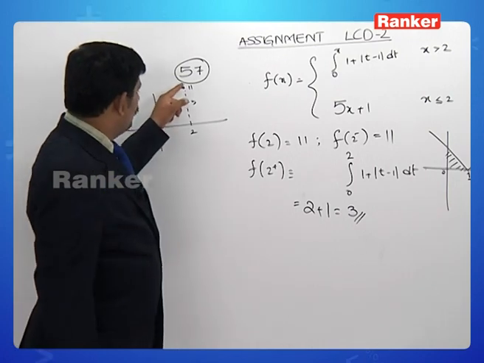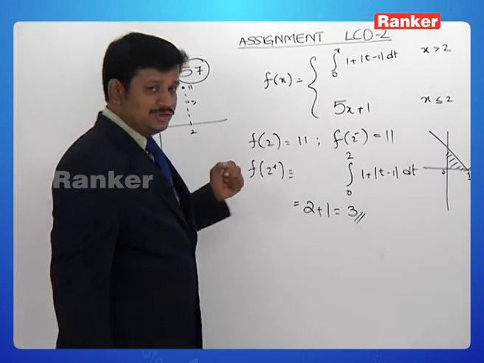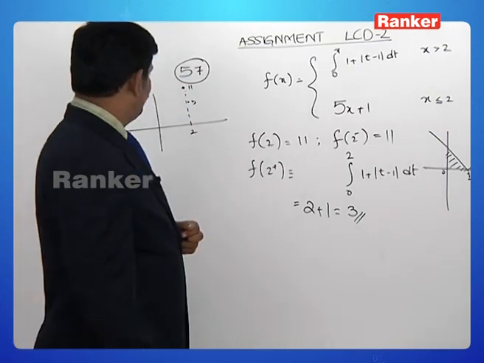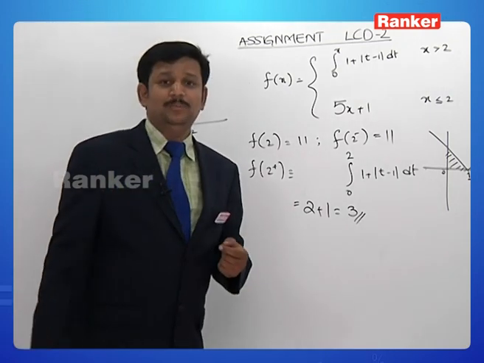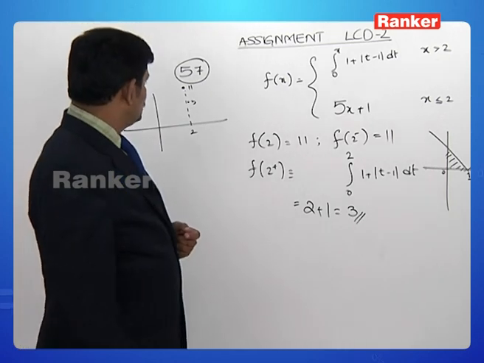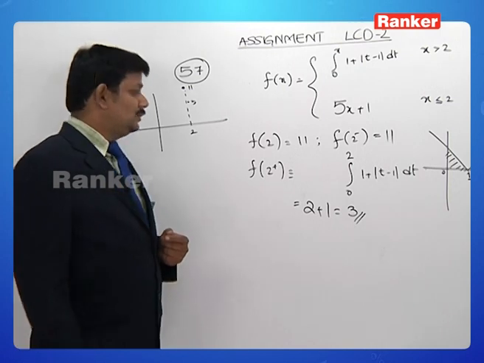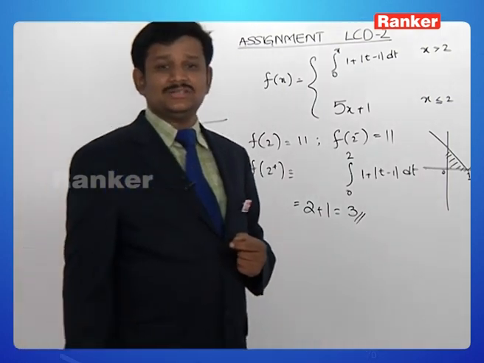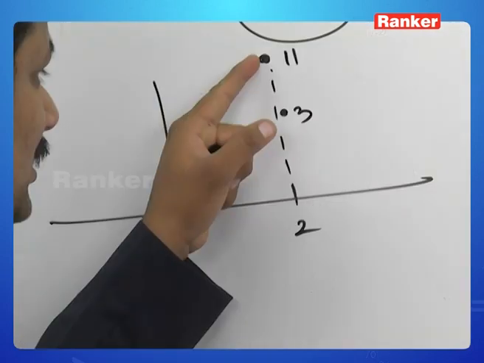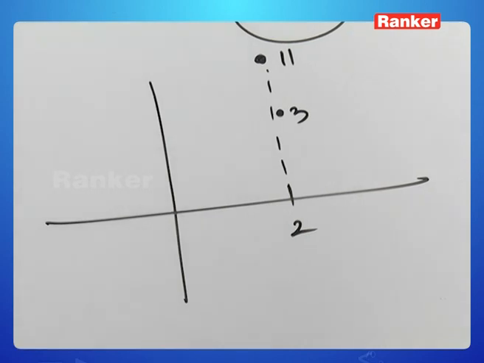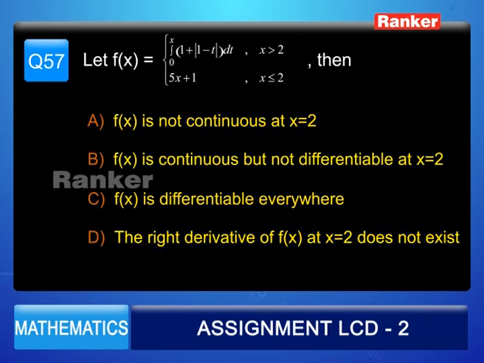This happens only when the derivative is infinitely large, and because it is a drop, it should be minus infinity. So when we evaluate the right hand limit at 2, we are bound to get minus infinity. That makes the function non-differentiable, and we say the right hand derivative does not exist, because the right hand derivative has to be a finite number. So the answer is A and D.